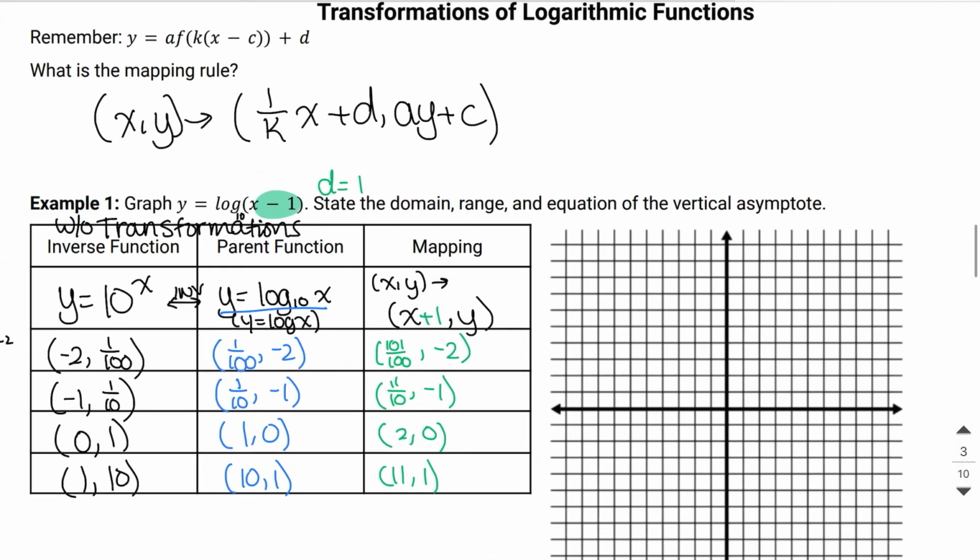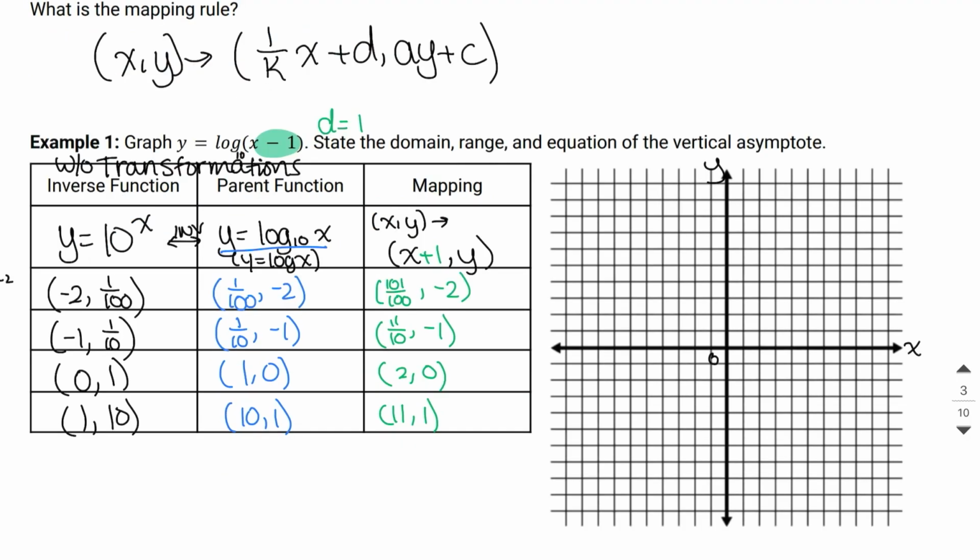So let's go ahead and graph this out. We have our x-axis right here and our y-axis right here. We'll put 0 here. I'm going to go by 1s on my x-axis, and then I'll go by 1s on my y-axis too.